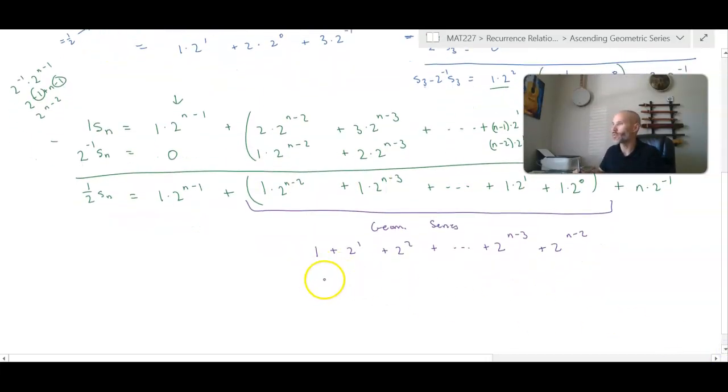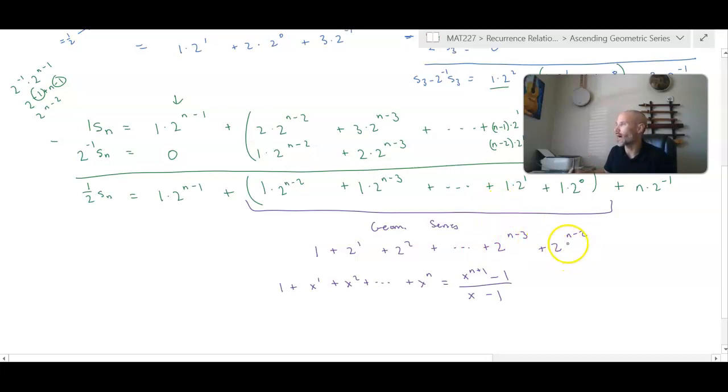Now, the geometric series formula says that if you add together a series of terms, sorry, this won't be squared, this will be x to the first, plus x squared, plus all the way up to x to the n, then this will condense down to x to the n plus 1 minus 1 over x minus 1. So all of these terms being added together, that sum can be calculated by just taking the base to the n plus 1 power minus 1 over the base minus 1. That will tell you what the sum comes out to.